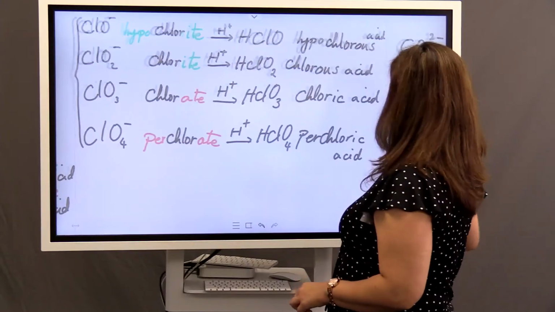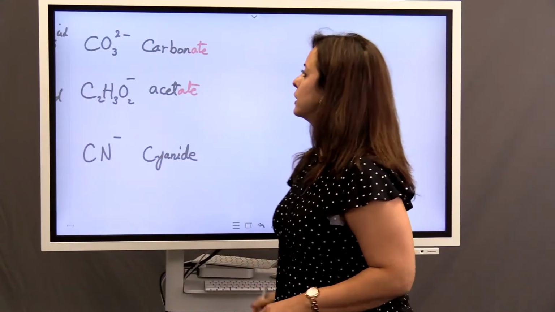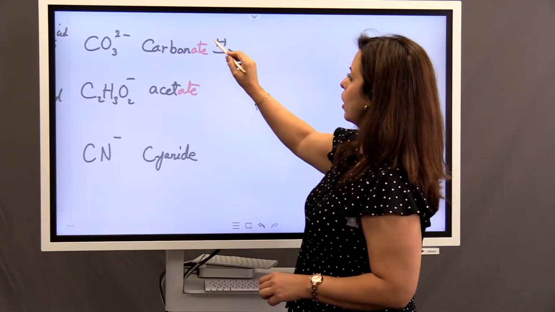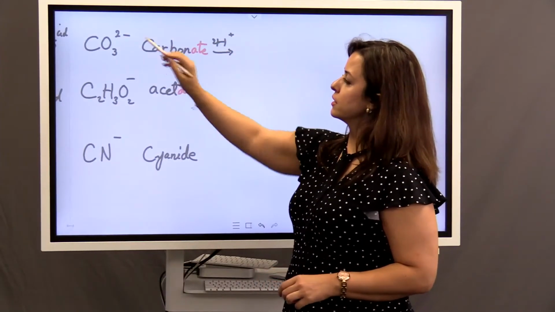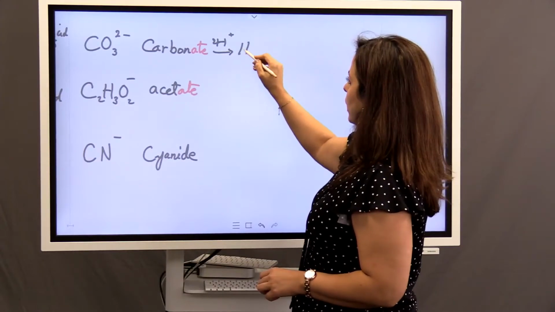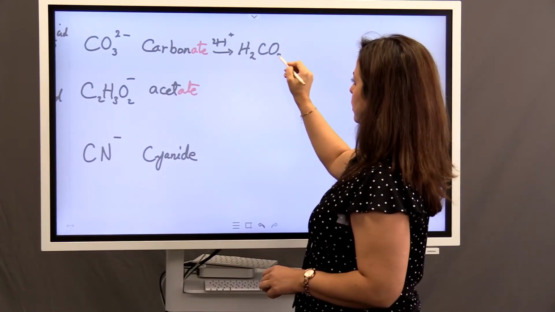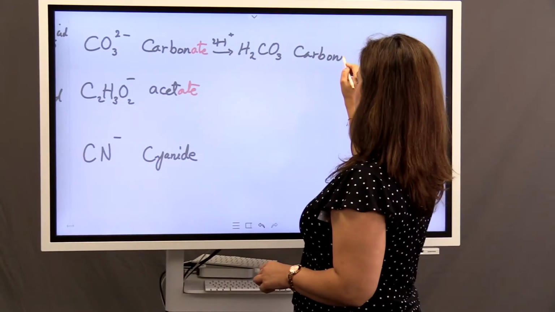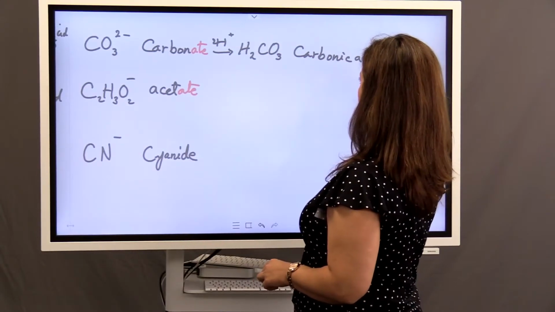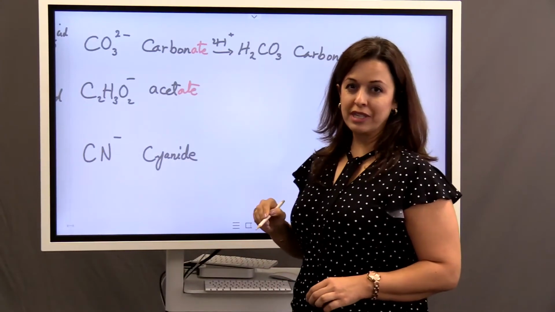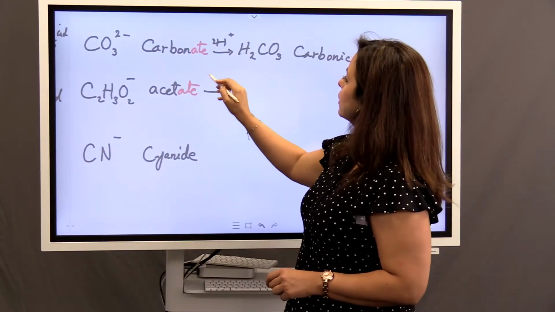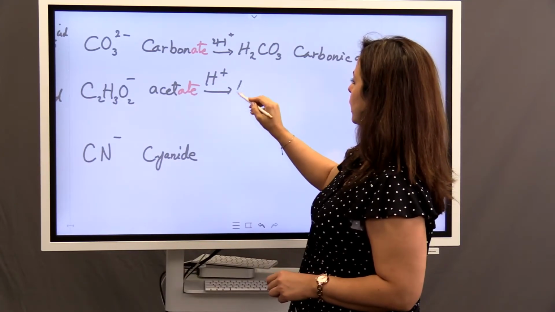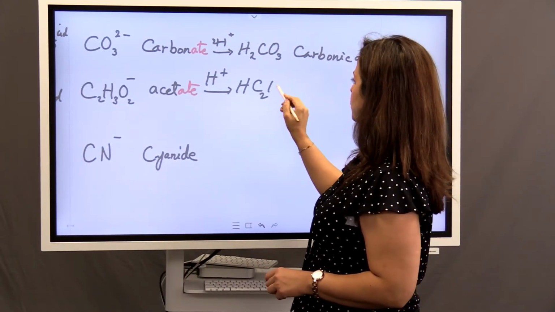Some more, and these are going to be the last three compounds. You need two hydrogens because this is going to be H2CO3 because of the charge on carbonate. So this is going to be called carbonic acid. This is what is called acid rain. Have you ever heard of it? This one needs one hydrogen because it's going to be HC2H3O2.